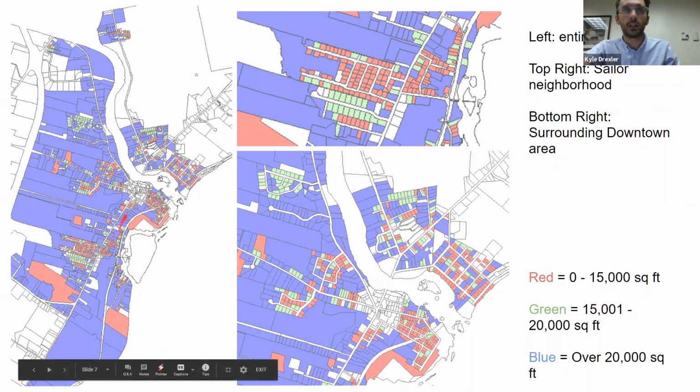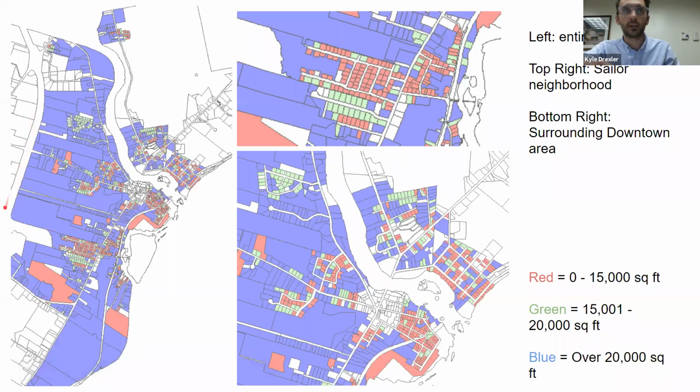So you have Main Street, Route 2 along here, and the interstates over here on the left side. You can see a lot of blue, which is those lots over 20,000 square feet.